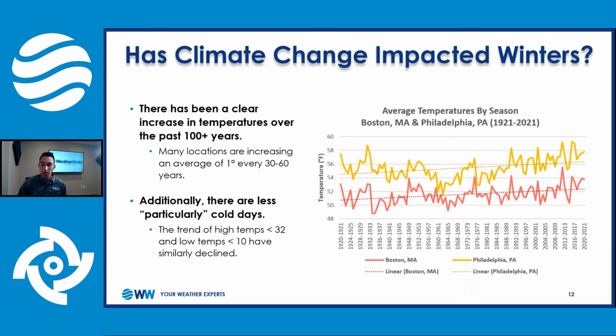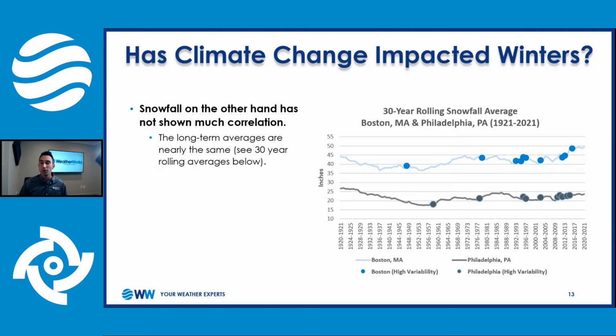Now, has that increase in temperature impacted snowfall? On the other hand, we haven't seen much correlation in terms of the average snowfall being impacted by global warming. What we did is we took 30-year rolling averages. Basically every year, we're looking at a new 30 years of data and averaging that together.